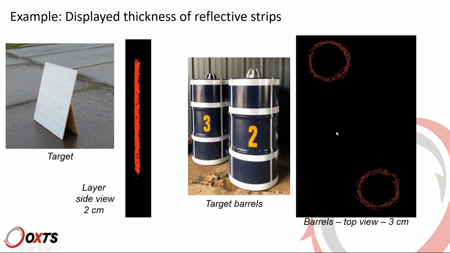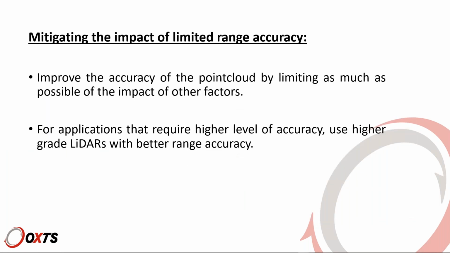Obviously, it will combine with other factors such as orientation and position accuracy. So there is not much that you can do about the limited range accuracy itself, other than getting a different LiDAR with a better range accuracy, but obviously this is not always possible or desirable.